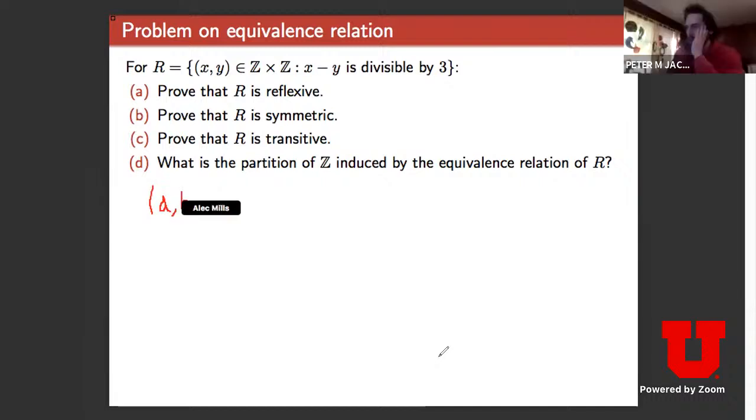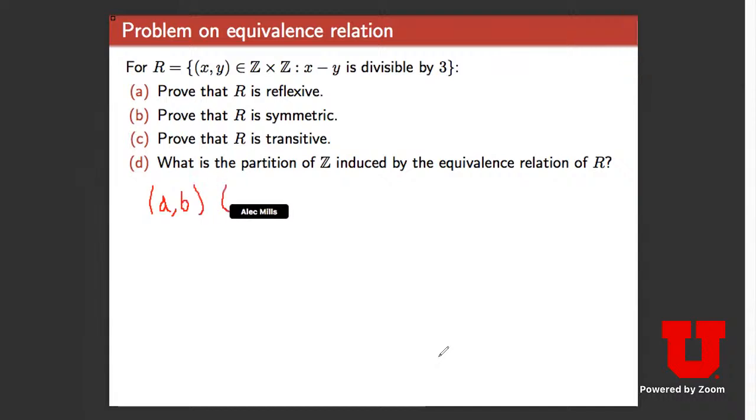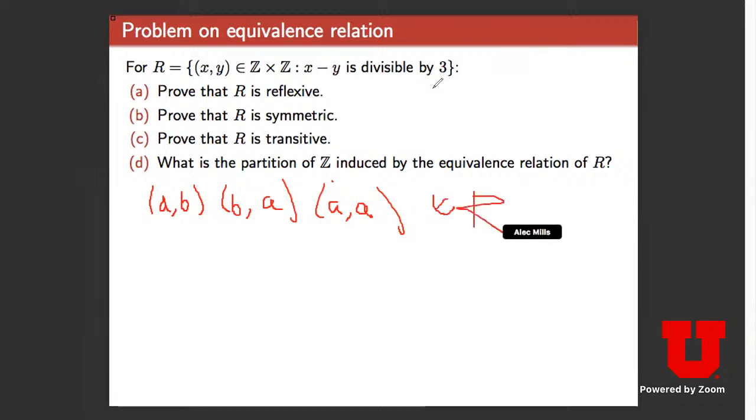We have AB being given, and we showed already that means BA is there, and so is AA. And this is R, right? They're all in R. So if I take the reverse, BA, I swap those pairs.